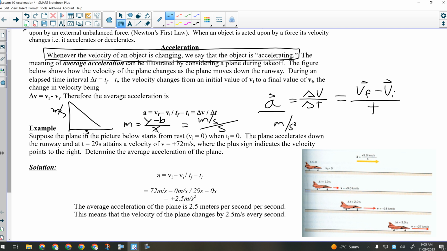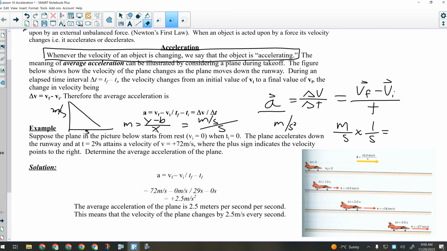It doesn't mean anything like that. This is just what happens with the units. If I have meters per second and I divide by seconds, essentially like fractions, what do I do with fractions when I want to divide them? Flip and multiply. So when I flip this, and I think I've gone over this already, but I'm going to go over it again just in case, then I have 1 over seconds.